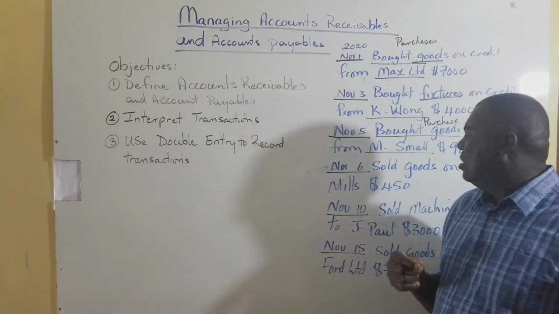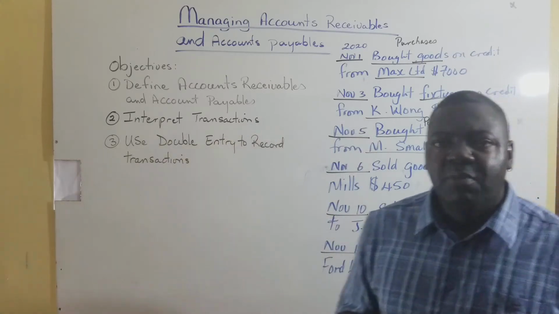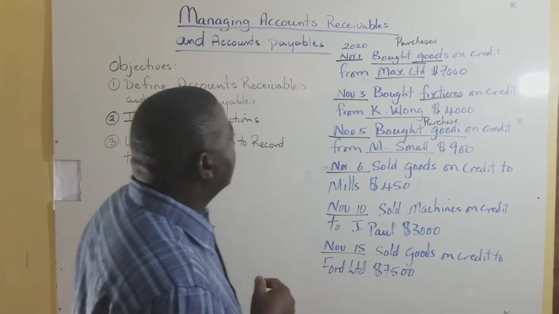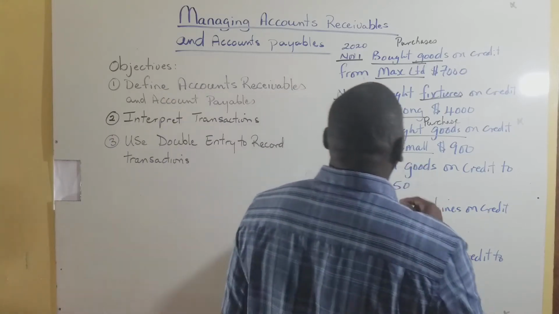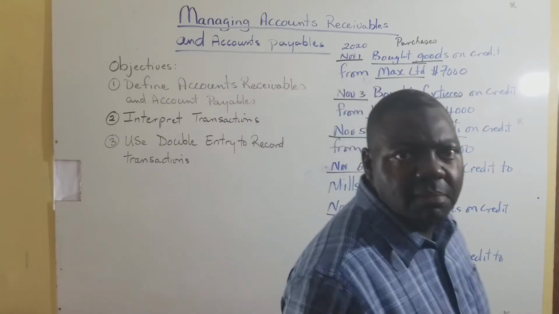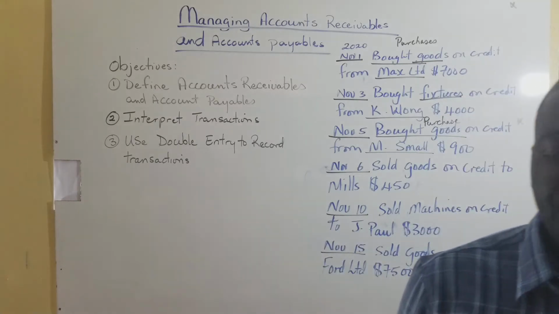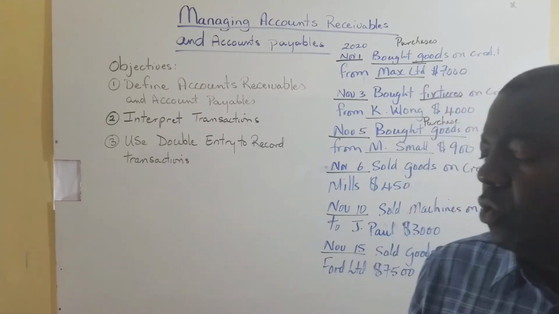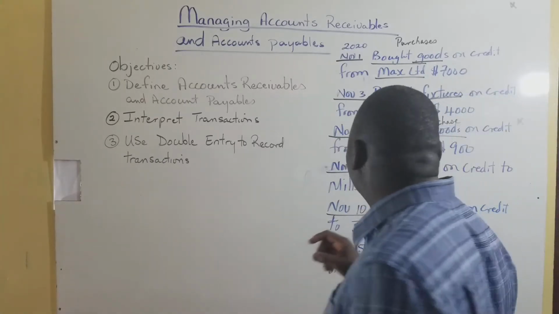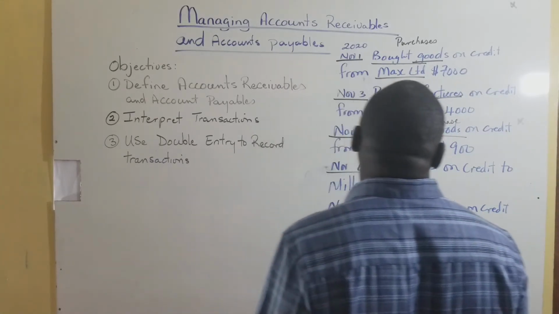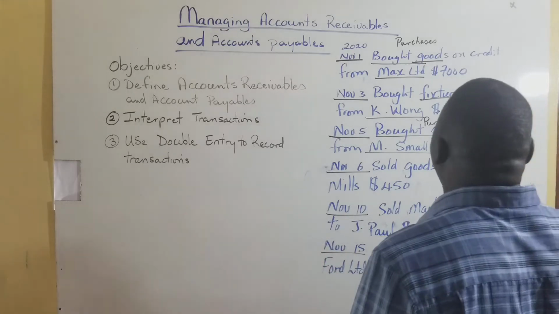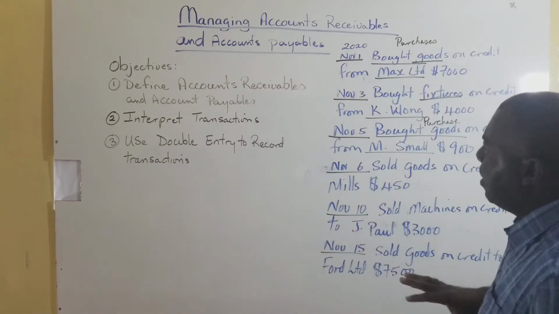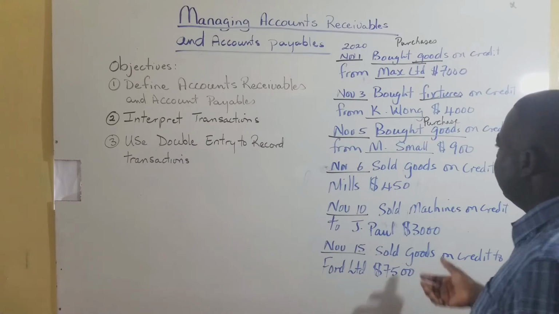And so, ladies and gentlemen, boys and girls, in that effect, they are referred to as accounts payables. At this time then, we want you to follow through with us.